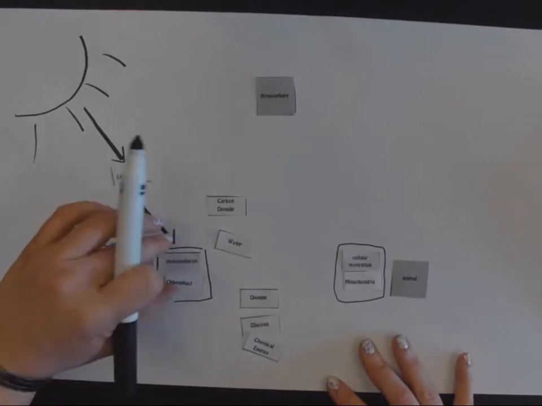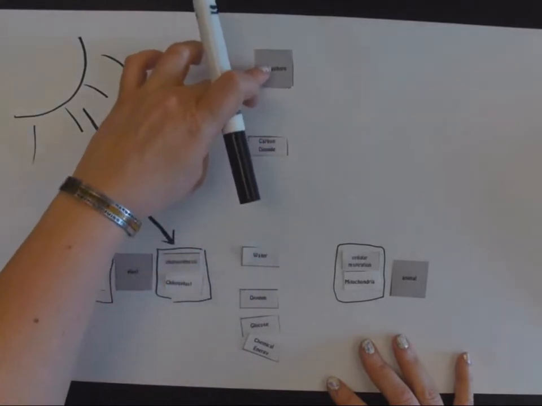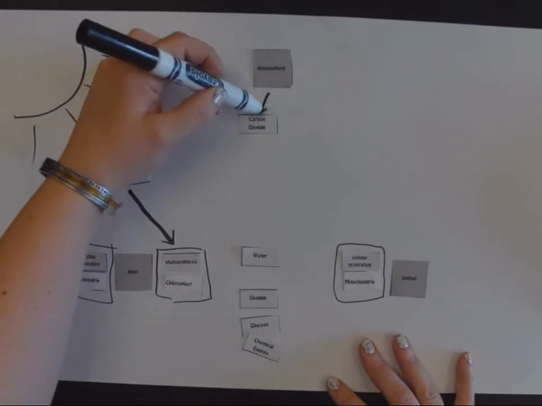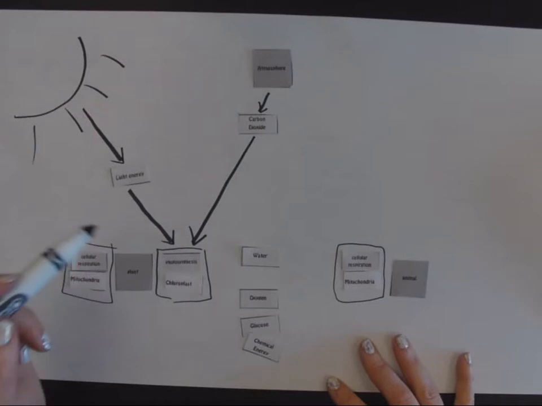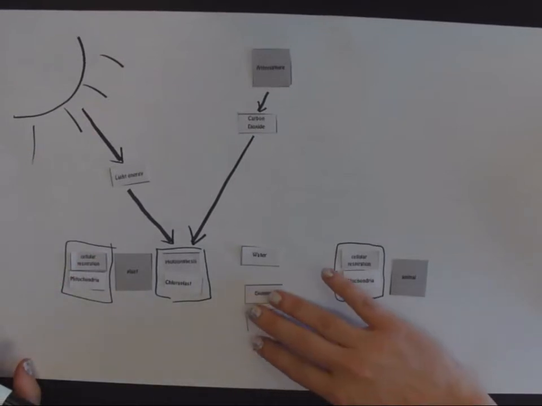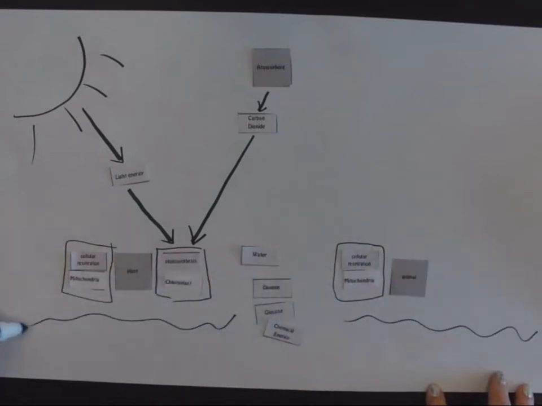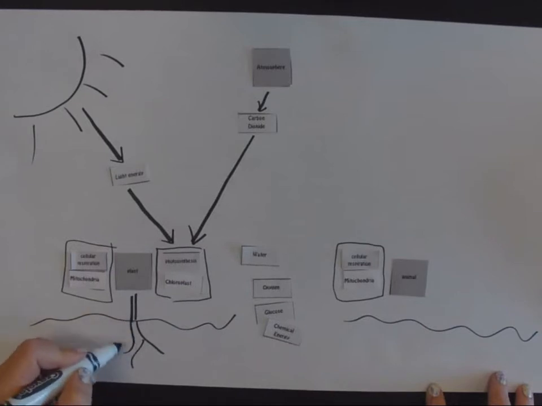I know that carbon dioxide comes from our atmosphere, and that it is an input because my arrow is pointing in to photosynthesis. Water is my last input, and I know that plants get their water from the rain and they suck it up through their roots.